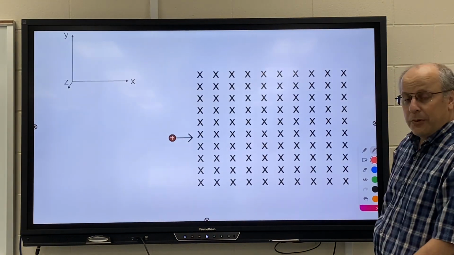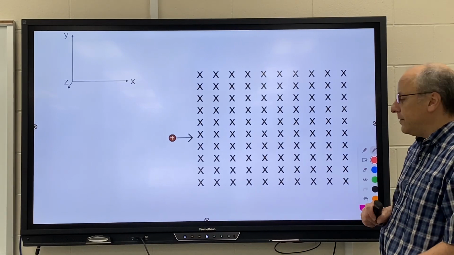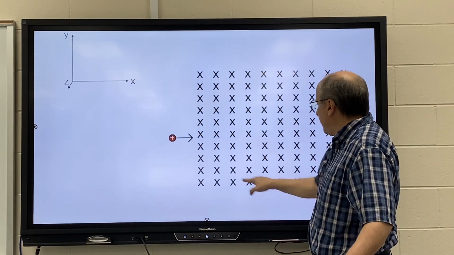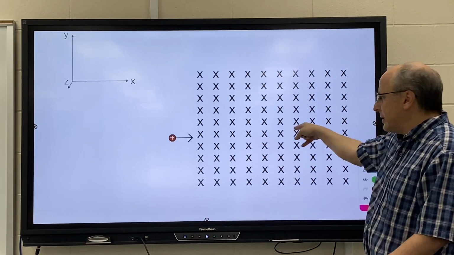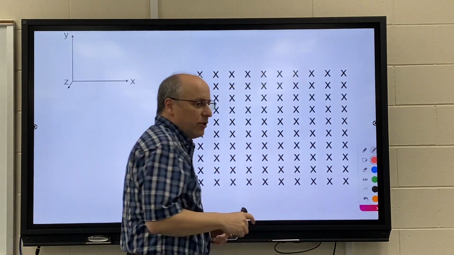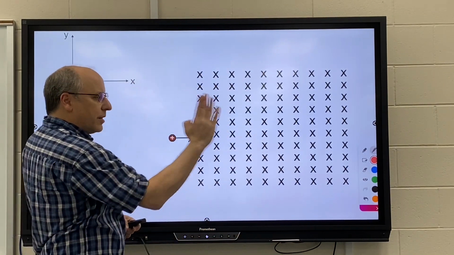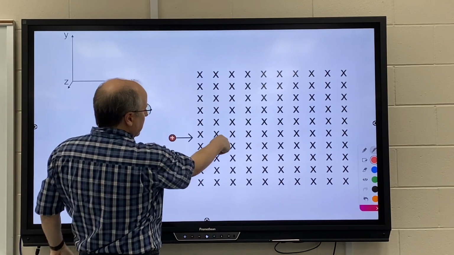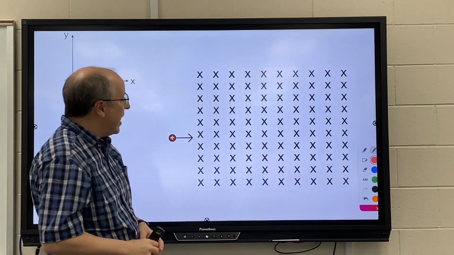Okay, so let's try one. Here is a positive charge, so you're going to use your right hand. This is the magnetic field it's being shot into, and you can see it's X's, which means the field is pointing toward Miss Dare's room. That means the north of the magnet is on this side, and the south would be over there. The magnetic field points toward the south.